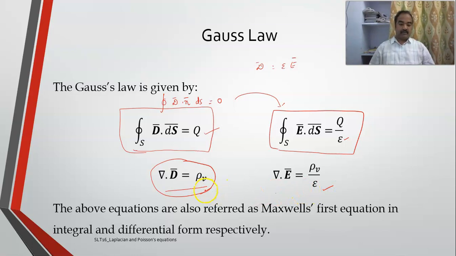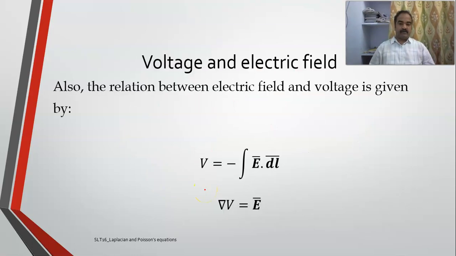So this is Gauss's law, and we also know one more equation, the relation between voltage and electric field, which we derived earlier. V is the line integral over a line of the electric field intensity vector.